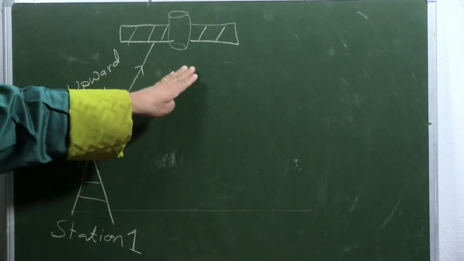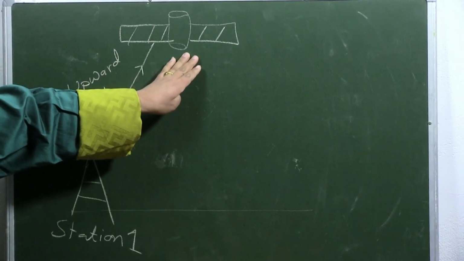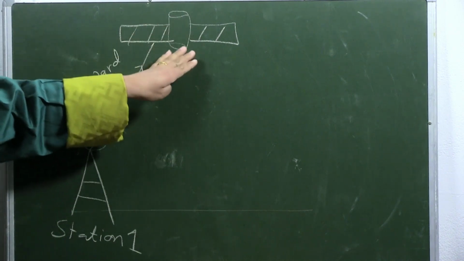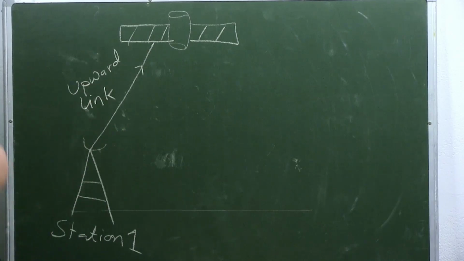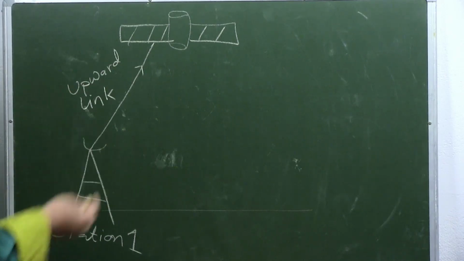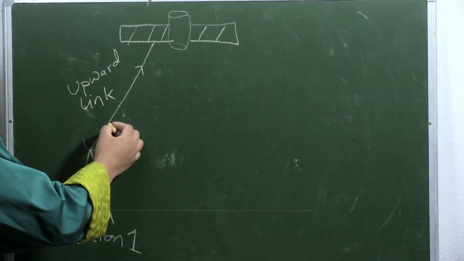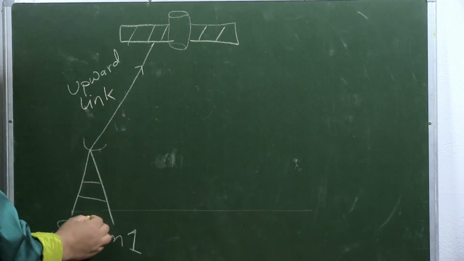This satellite consists of a transponder. The transponder will increase the frequency and amplitude of the signal received from Earth.